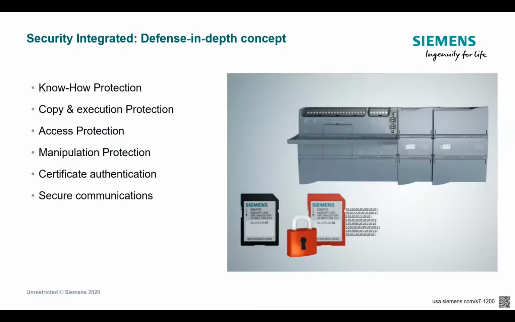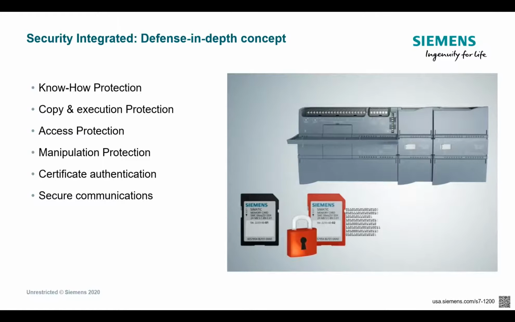We had talked about security integrated earlier. Some of the other options that you can do with the security integrated are know-how protection, which allows you to take, say, a proprietary control block that you yourself had written, that's your company's intellectual property, and you can then know-how protect that block.